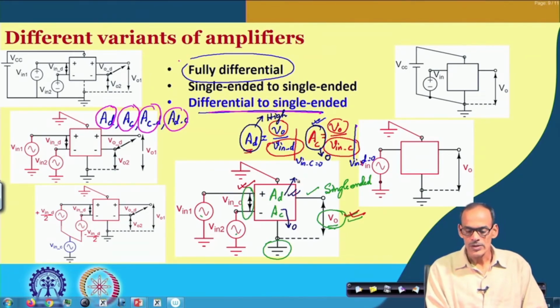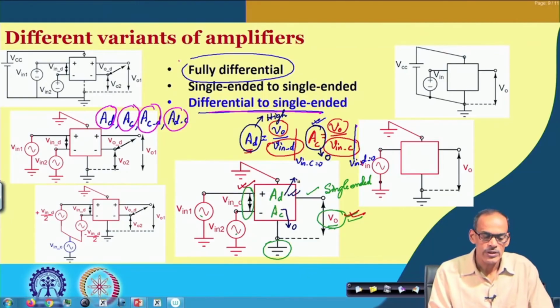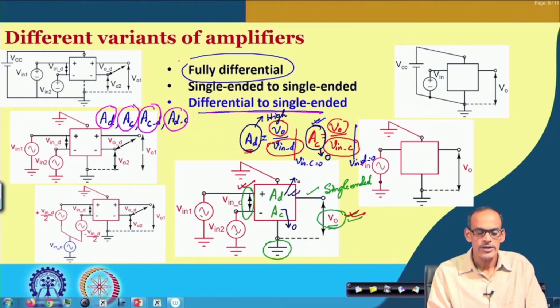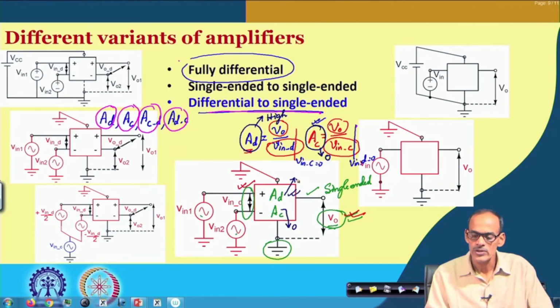Okay. So, these are the three variants of amplifiers, and as I said, while our discussion is with voltage amplifiers, similar kinds of variants are also possible if we consider the signal in the form of current. In fact, the signal can be mixed, namely at the input the signal may be voltage and at the output the signal can be current, and so on.